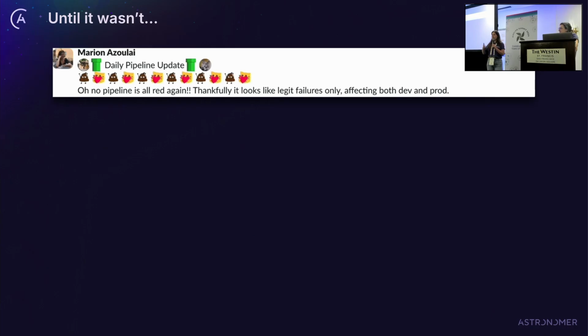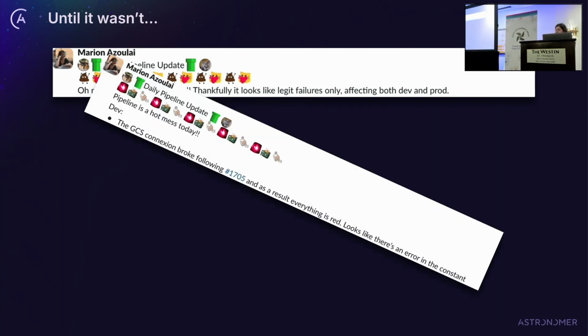At first, before we started really scaling our pipeline and building more and more tasks, things were mostly all good. We had a few legit failures, but mostly things were good. But then we started experiencing more and more issues. This is a real-life snapshot of my daily pipeline report that I share with the data team. Here it reads, oh no, the pipeline is all red again. And I started having more and more of those.